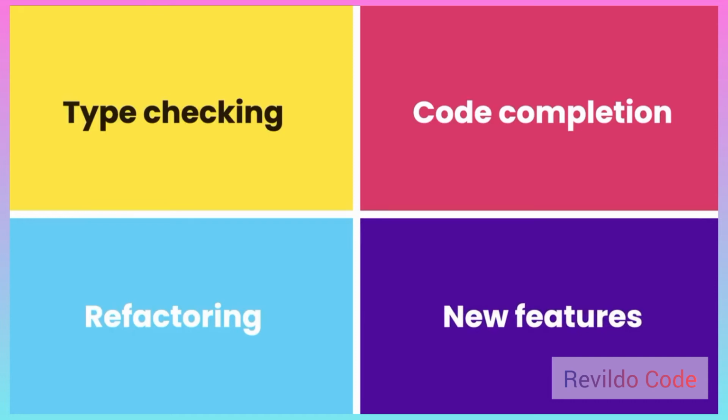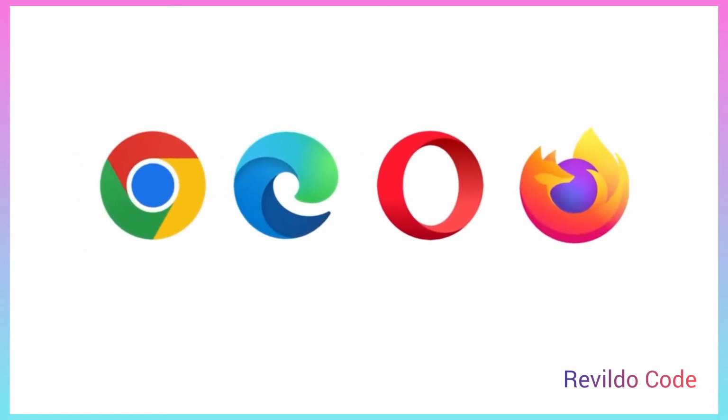Now, over time, these features get added to JavaScript, but because we have various browsers and runtime environments for executing JavaScript code, it takes some time until these features are implemented in various browsers. So by coding in TypeScript, we can use the features of future JavaScript.